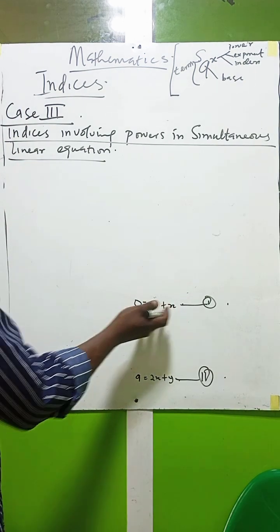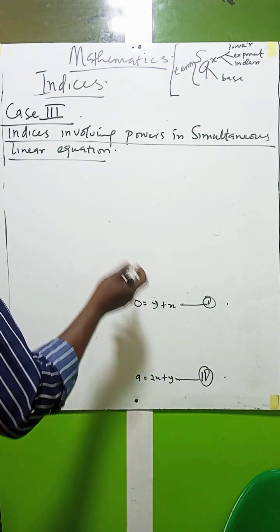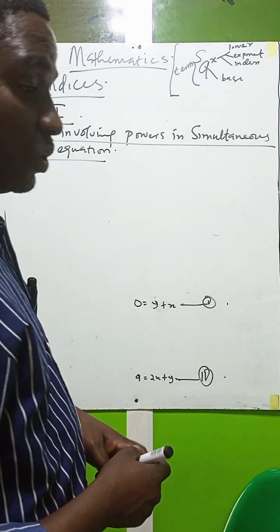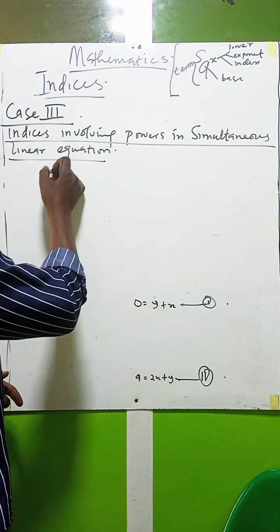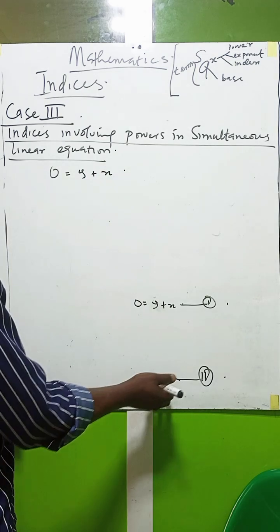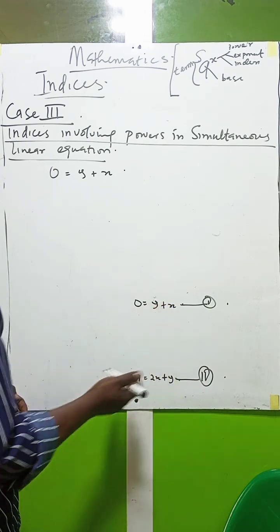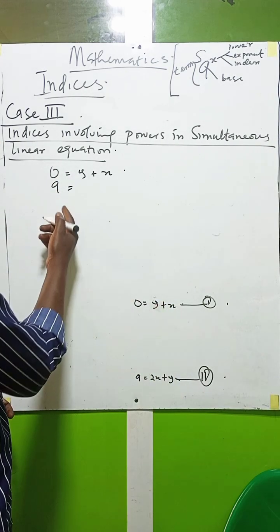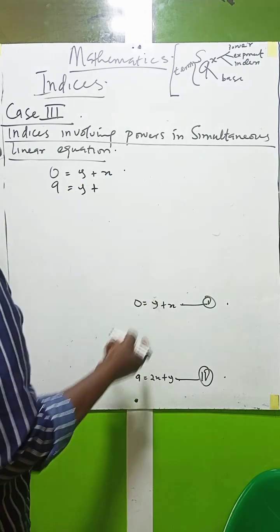We can twist these, we can bring this to the other side, just like reversing it, or for not to confuse anyone, we can leave it like that. So we can say 0 equals y plus x. Still the same thing. But we can align the variables under same variables. This 9 equals y, bring it under y, plus then x under x.